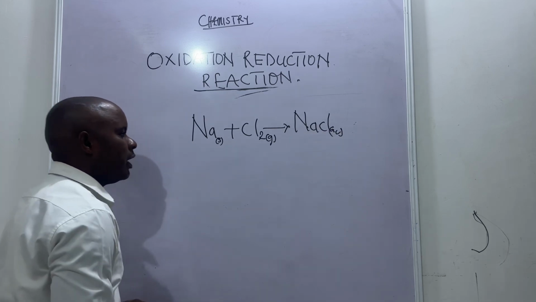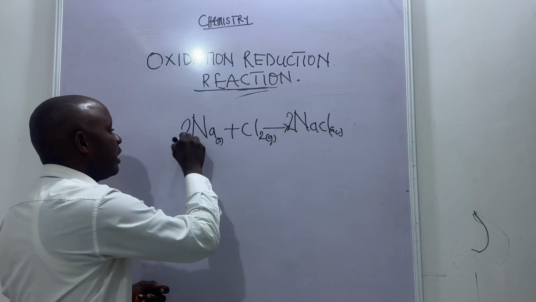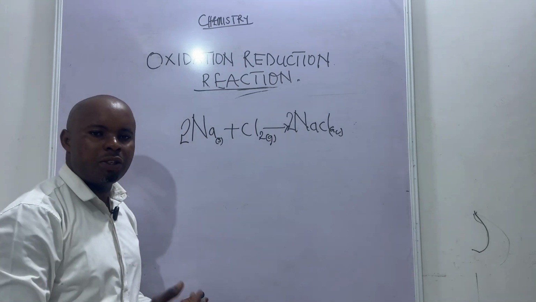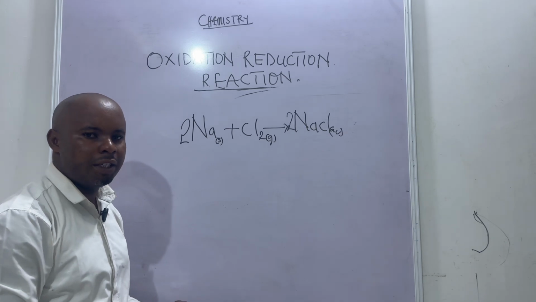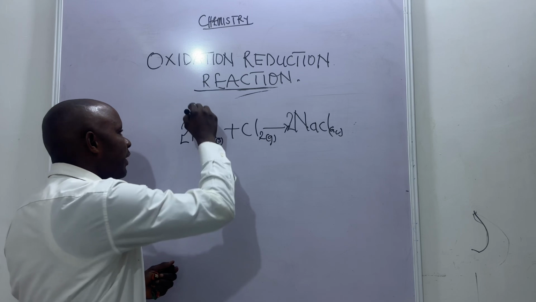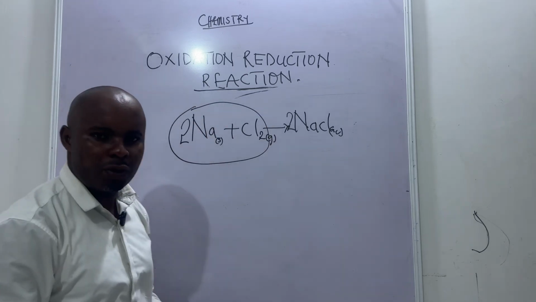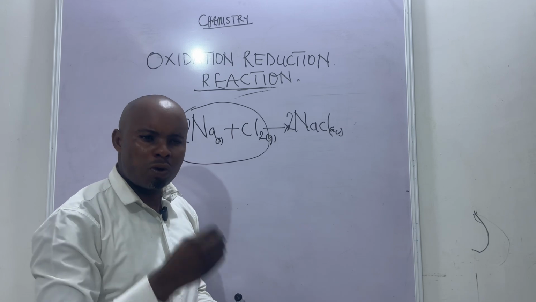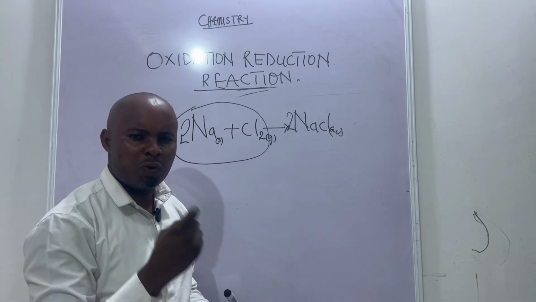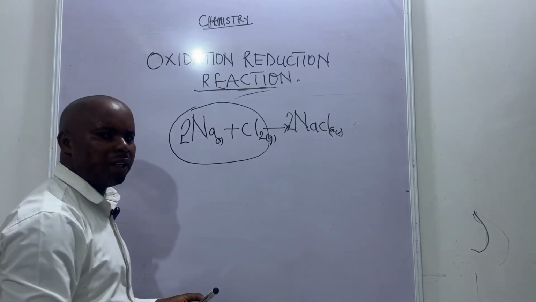Now, if we have an equation in this manner, if one should ask you what is the oxidation, the reducing agent and the oxidizing agent, we said we're going to know the oxidation state of each of these participating reactants. So what will come to your mind as a student during exam condition, just look at the reactants.